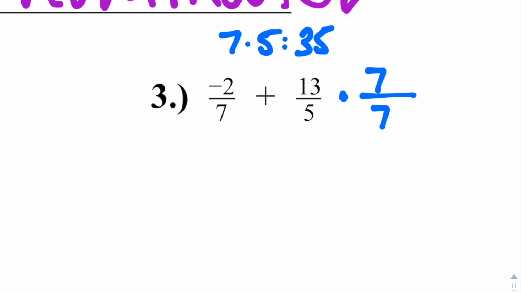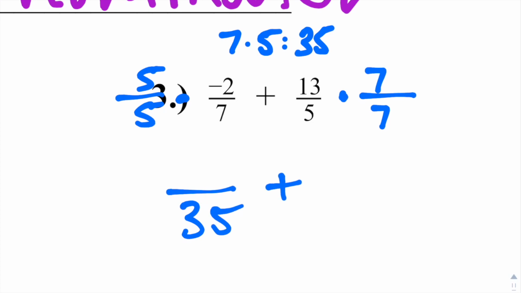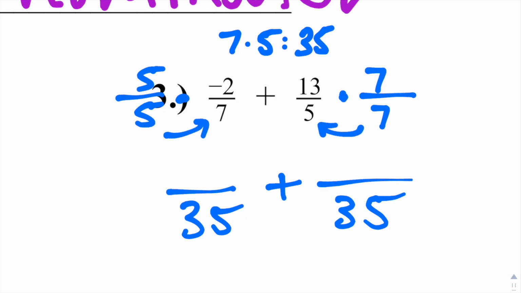On the left side of the expression, we need to multiply 7 by 5, and we also need to multiply the negative 2 by 5, so in essence we're only multiplying by 1. So down here we would get 35 as our denominators of both, because 7 times 5 is 35, and 5 times 7 is 35.